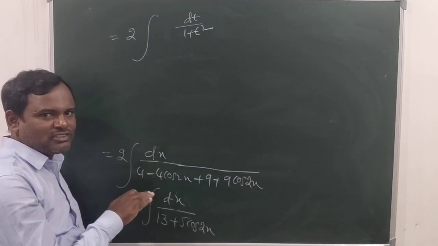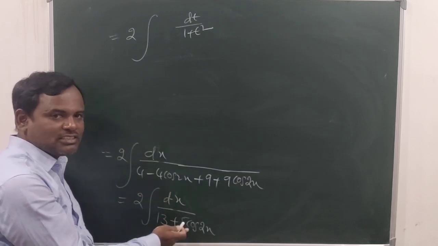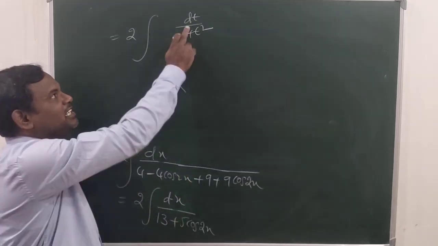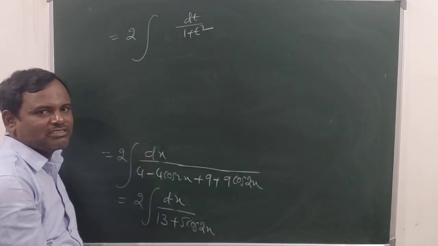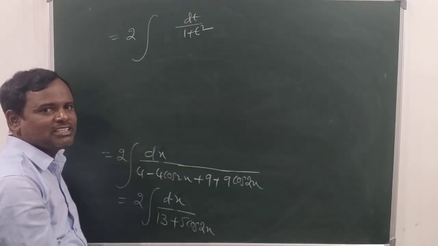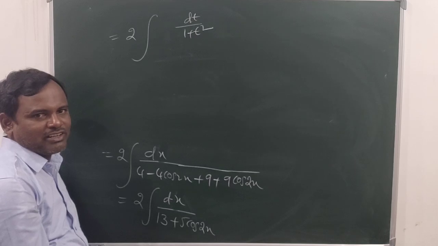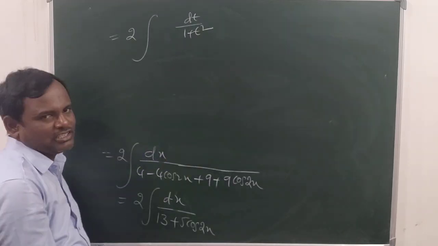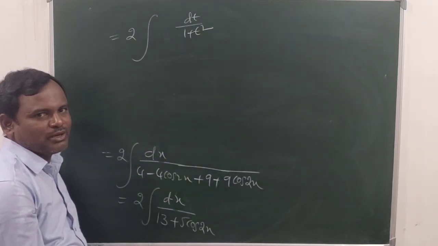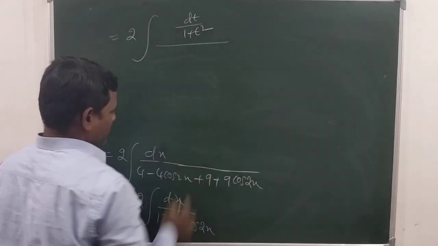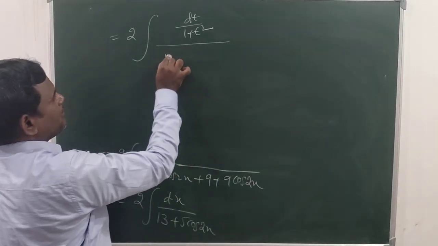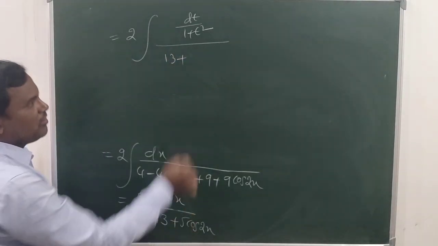In the previous ones, whenever sin x and cos x are given, dx equal to 2 dt by 1 plus t square you got. But in this case, dt by 1 plus t square. Why? I gave you the reason. Isn't it, students?